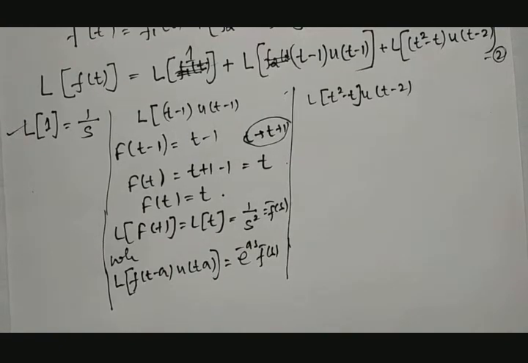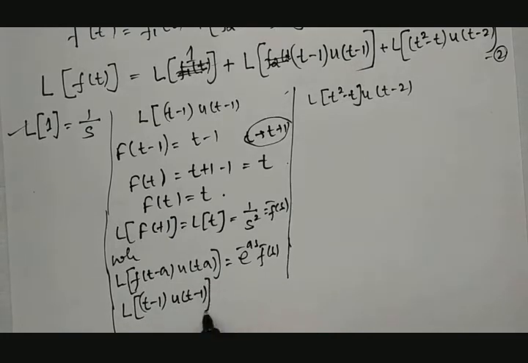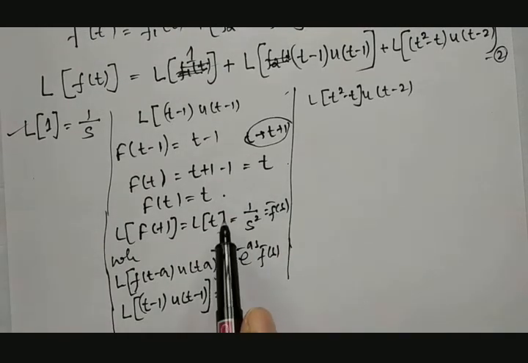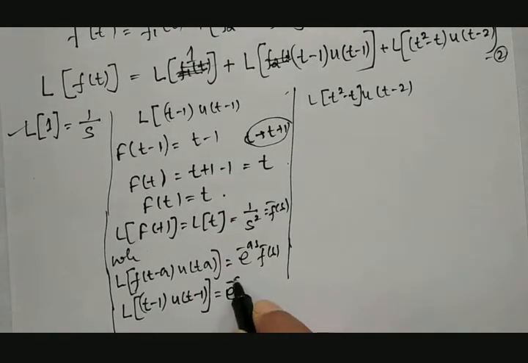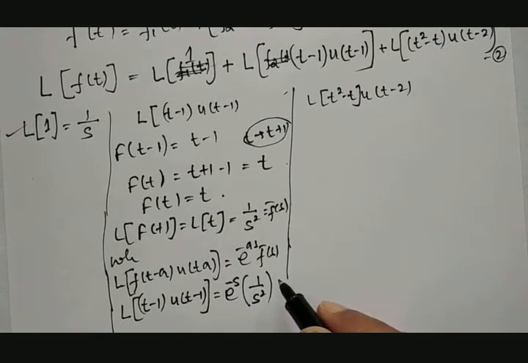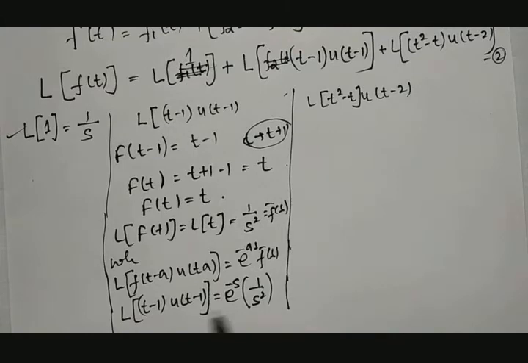As per this result, Laplace transformation of t minus 1 into u of t minus 1 is equal to e raised to, here a is equal to 1, so it is e raised to minus s into f bar of s, that is 1 by s square. Therefore, the result is ready, which is nothing but e raised to minus s by s square. This is the required result.